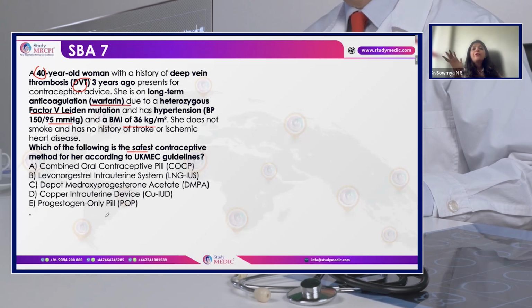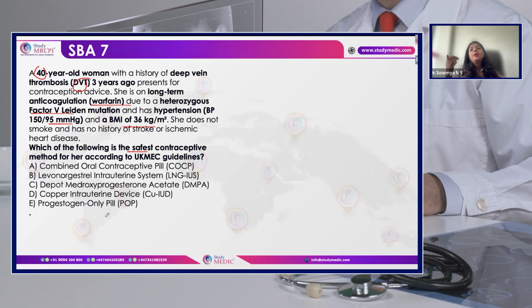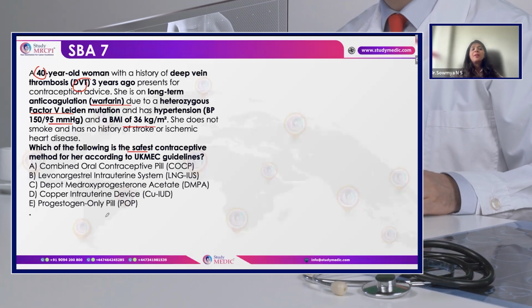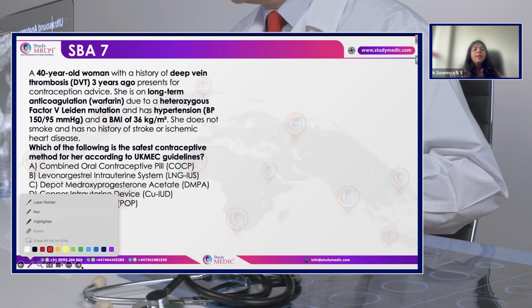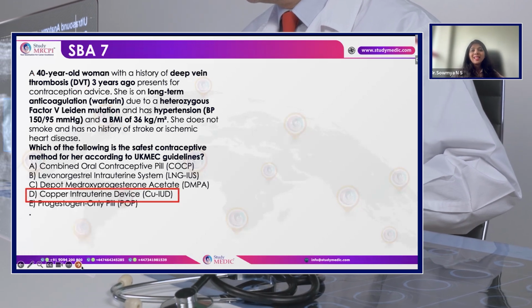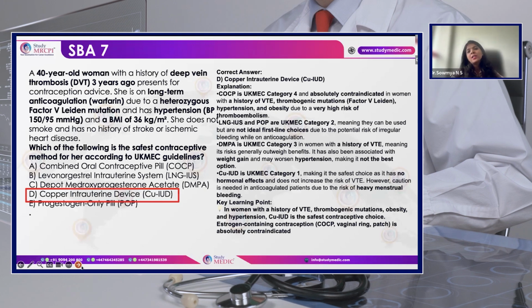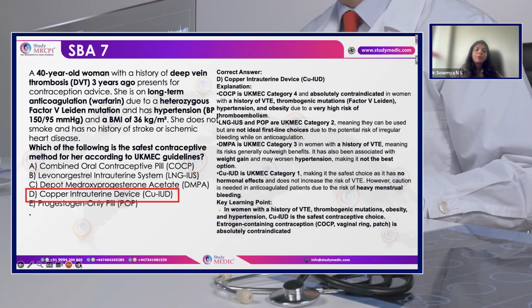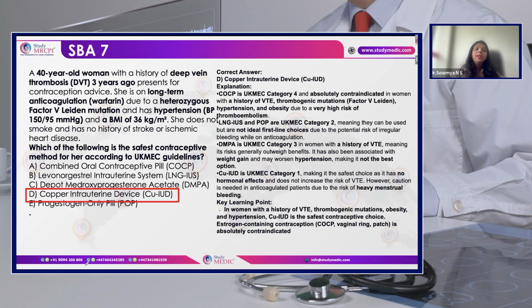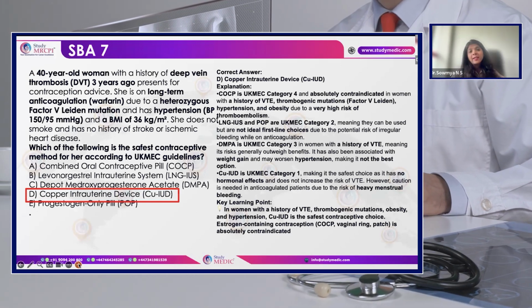So there are a few factors: 40-year-old, DVT, warfarin, factor V Leiden mutation, as well as hypertension. As I always mention, whenever you have such complicated ones, go for copper T. Copper T is the easy choice for all of them, because all these others are once again hormonal, being a higher BMI with hypertension, on oral anticoagulants, with a DVT.